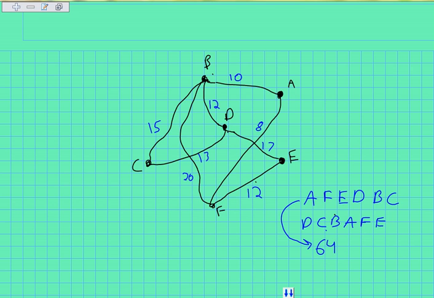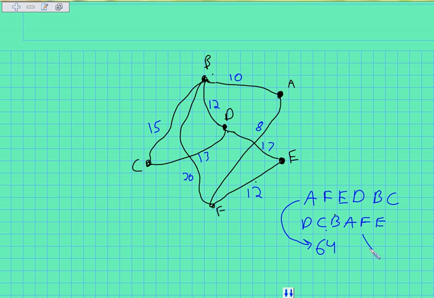Let's take a look at the next one. So I've got from D to C, which is 13, and up to B, which is another 15, so now I'm at 28, over to 10, now I'm at 38, down to F, so 38 plus 8 is 46, and over to E, we're now at 58.